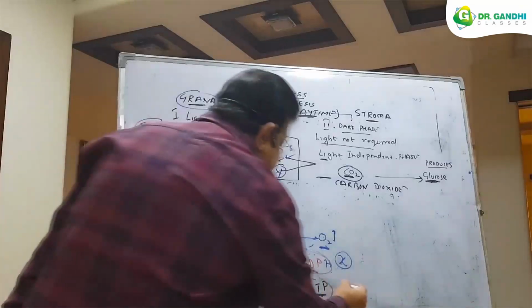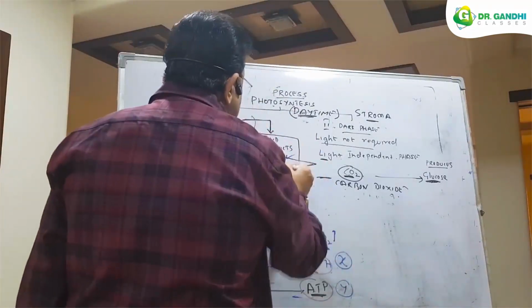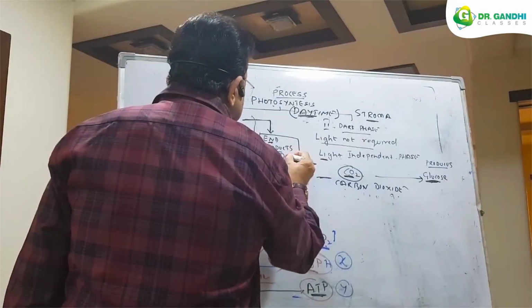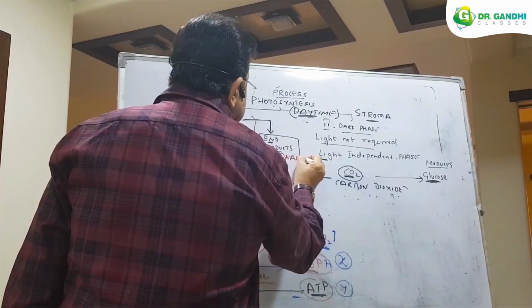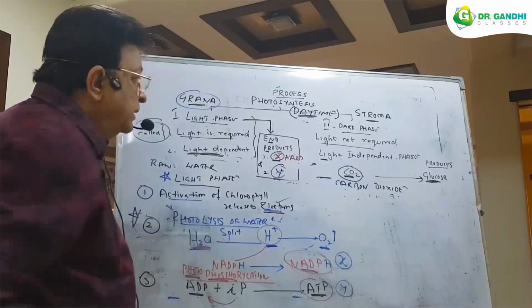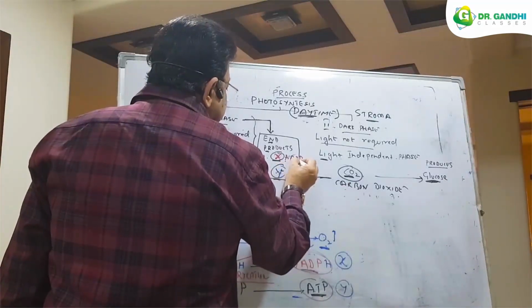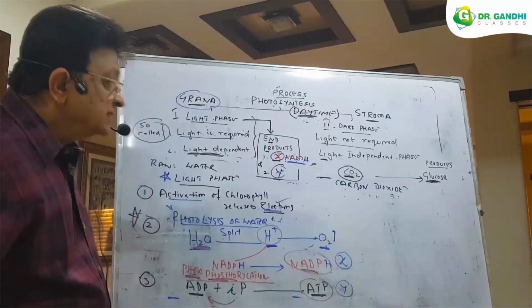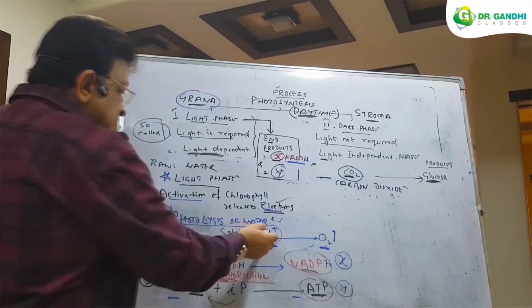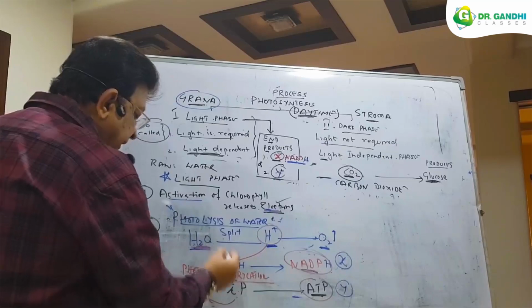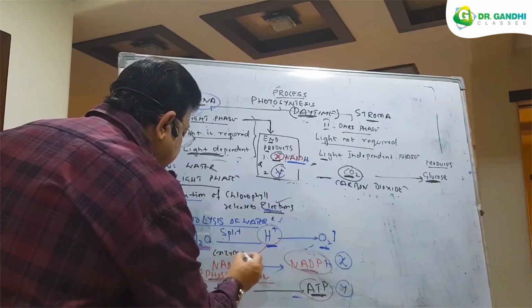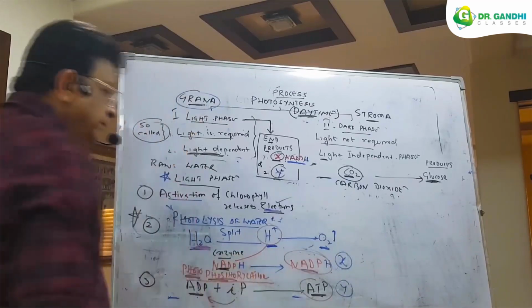The second chemical required. So I got my two chemicals. I'm writing the two chemicals here. The first one is called NADPH: nicotinamide adenine dinucleotide phosphate reduced, as a result of photolysis and hydrogen combining with an enzyme known as NADP.